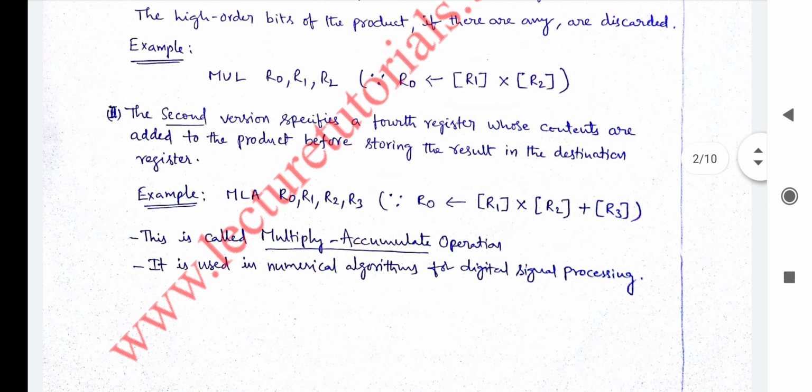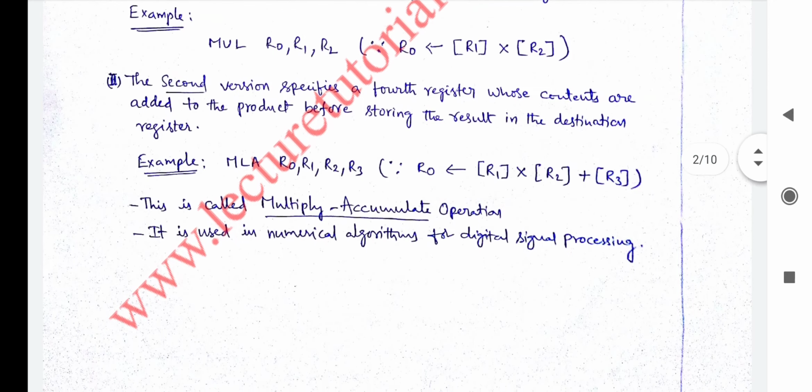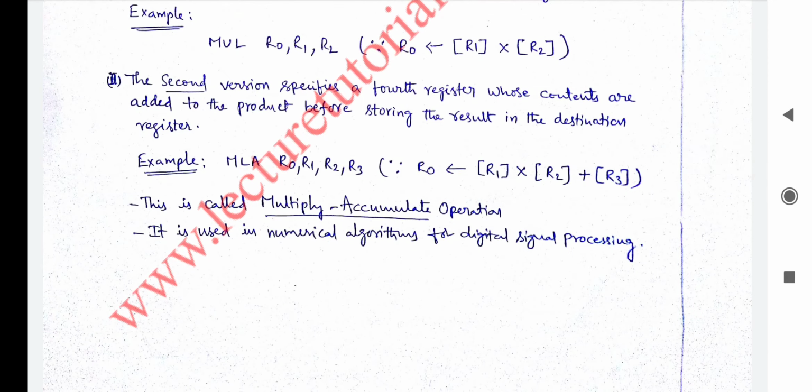Here the second version specifies a fourth register whose contents are added to the product before storing the result in the destination register.